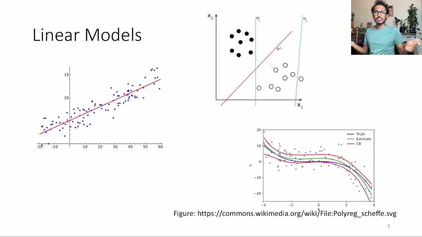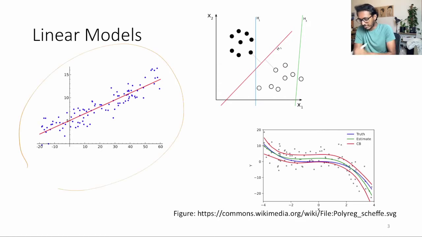Linear models could be in many forms. Here we have a linear regression model. Basically we have an independent variable and a dependent variable, and we are trying to figure out the relationship between the independent variable and the dependent variable, or between the predictors and the response variables, through a linear function.